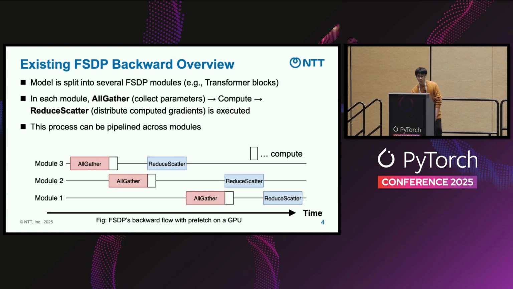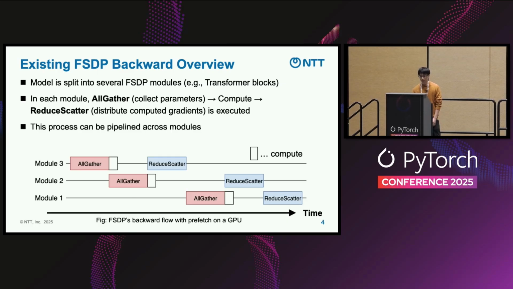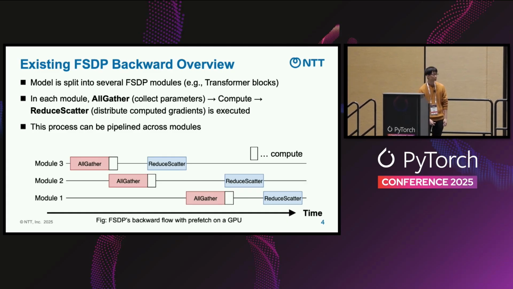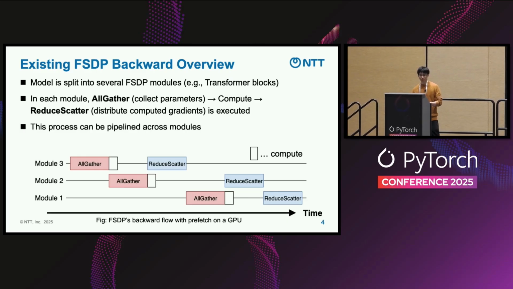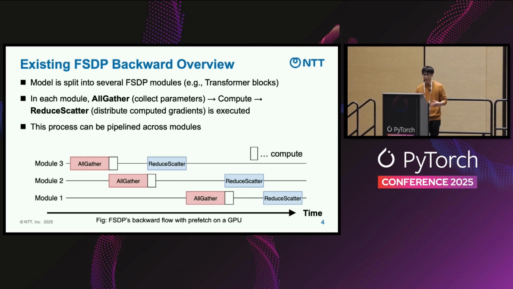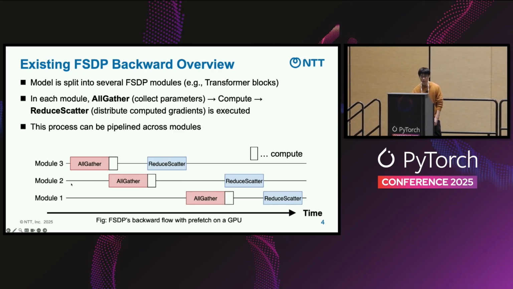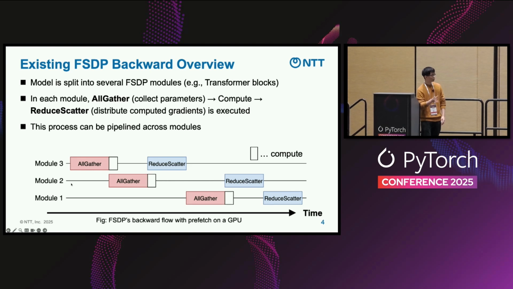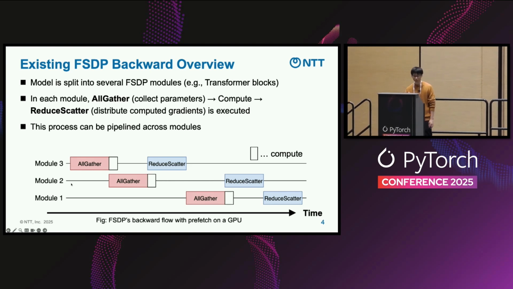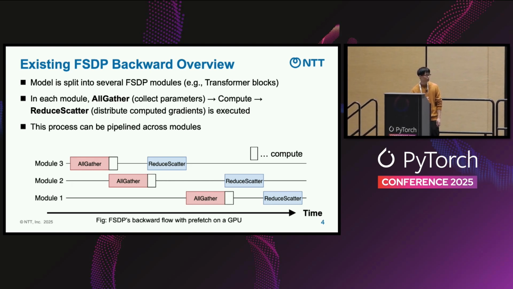In each module, we execute all-gather to collect parameters, then execute computation, and finally execute ReduceScatter to distribute the computed gradients. This all-gather, computation, and ReduceScatter process can be pipelined across multiple modules. For example, module 2's all-gather is executed before module 3's ReduceScatter to overlap the computation and all-gather communication.